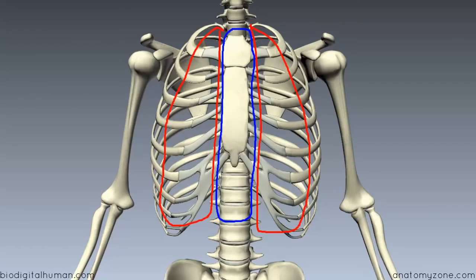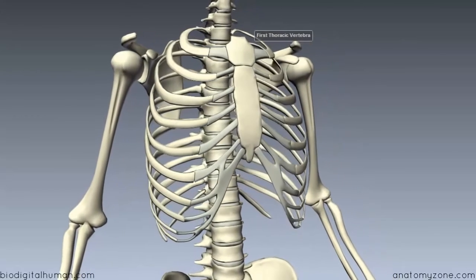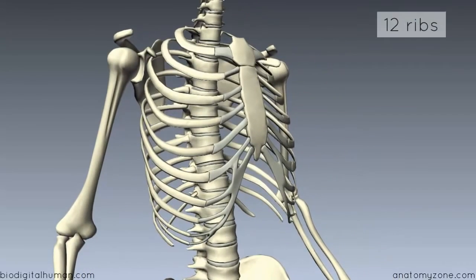So the thoracic wall is this musculoskeletal framework which can protect the vital structures that lie within these three cavities.